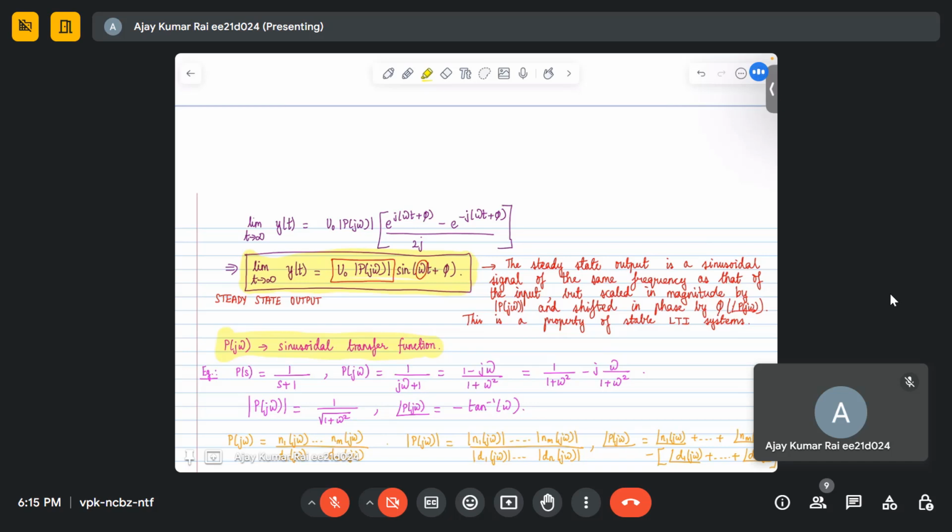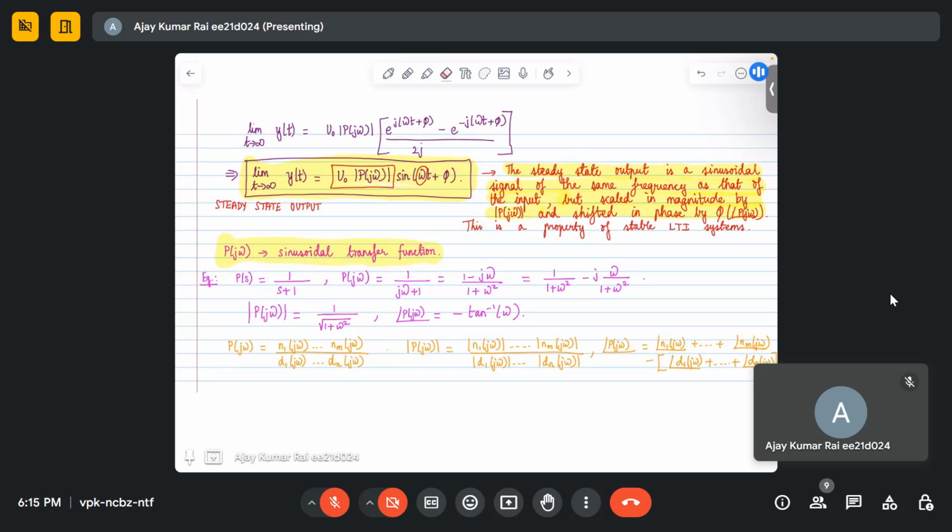At t equal to infinity, y of t is a sinusoid of the same frequency, and the magnitude is scaled by the plant transfer function. So the steady state output is a sinusoidal signal of the same frequency as the input, but scaled in magnitude by P of j omega and shifted in phase by angle phi. It is a property of LTI systems.